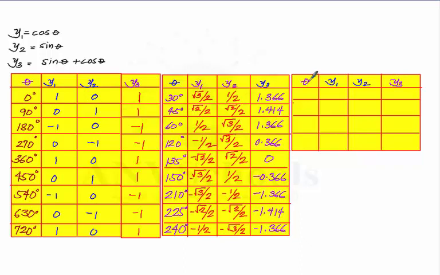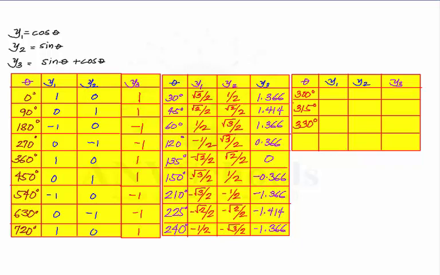So if our theta is, we're done with 240, so let's go to 300 instead, because 270 degrees plus 30 would be 300, and then 315 and 330 degrees. Okay, so 300 would have a reference angle of 60 degrees from the horizontal.